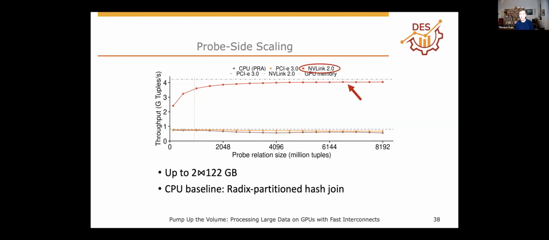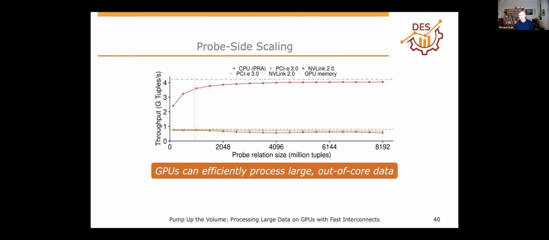And we have our NVLink version that utilizes this high-speed interconnect, transferring the data on demand to the GPU and doing the probing on the GPU. So we get a 6 times improvement over the CPU baseline in this case. And we show that GPUs can efficiently process large out-of-core data, but just for the probing so far, right? So this is the easy case.